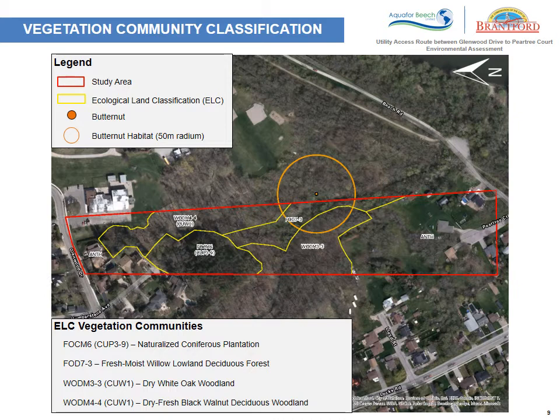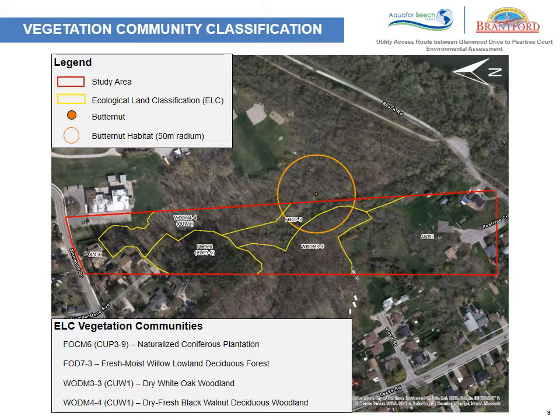We also note the anthropogenic areas that have previously been impacted, or the urbanized areas at either end at Glenwood and Peartree courts.